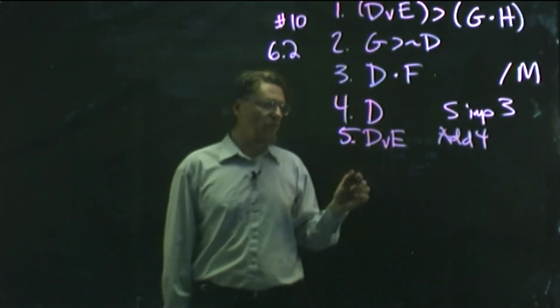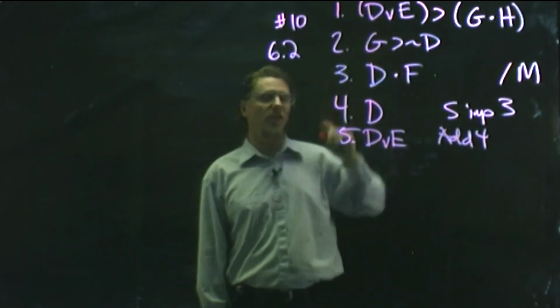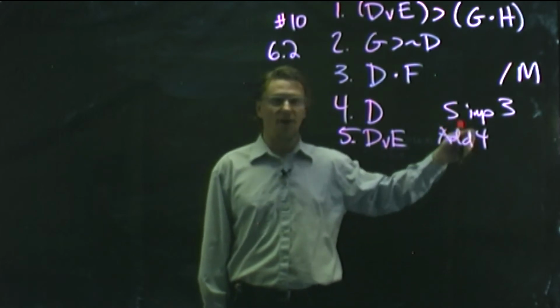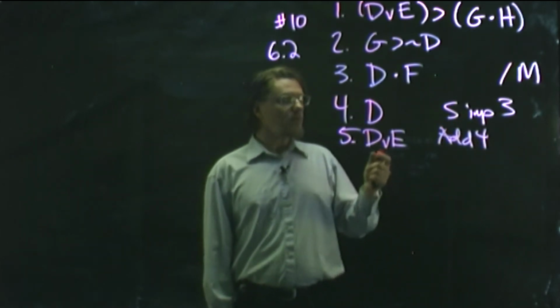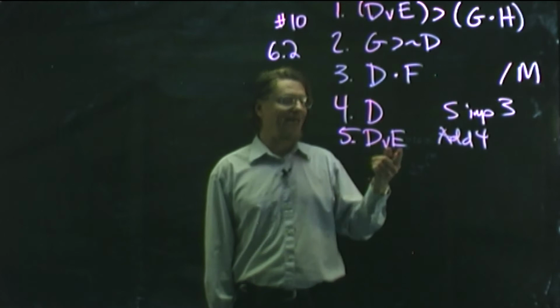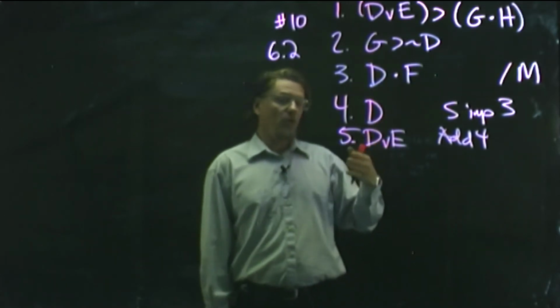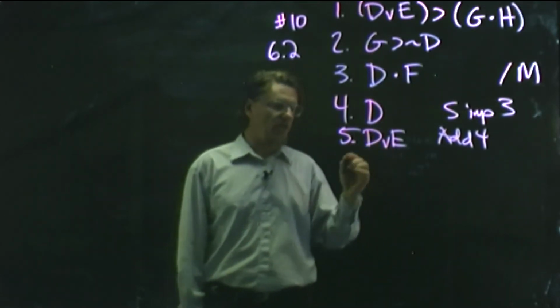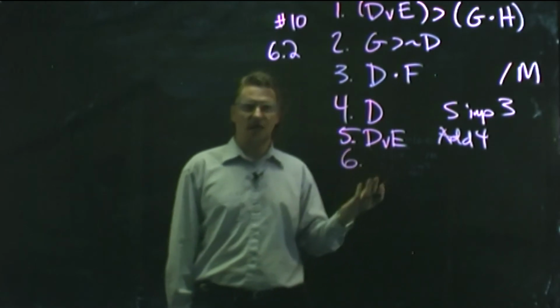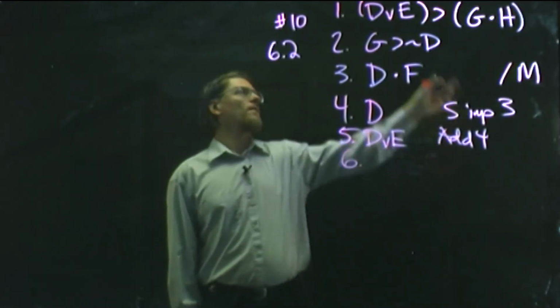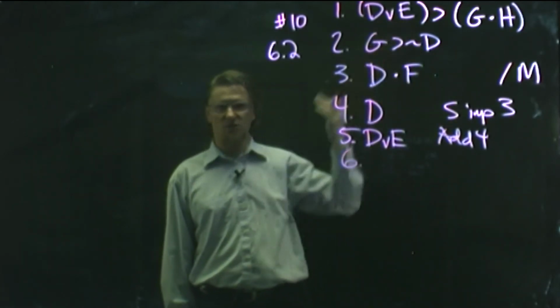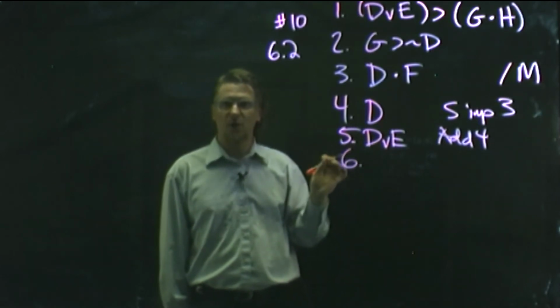Now note, of course, that the E does not actually come from line 1, so we're not adding 1, 4. We're simply being inspired to add an E by line 1. And we want to add an E as opposed to any other letter here, of course, because once we have D wedge E, we can pair it with number 1, and that's just a straightforward, I hope, modus ponens.